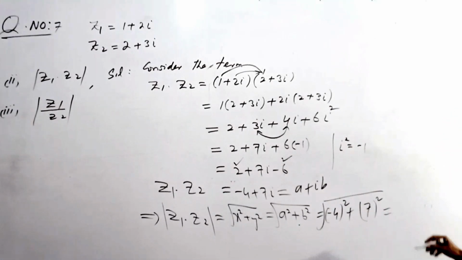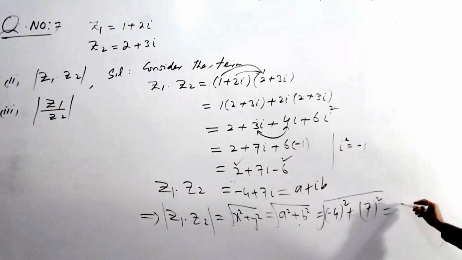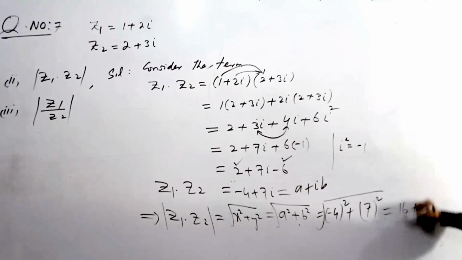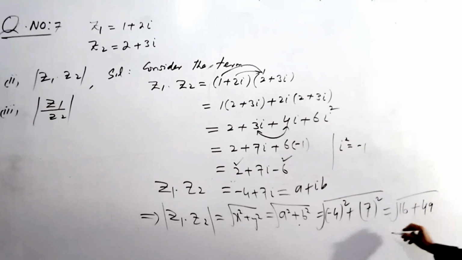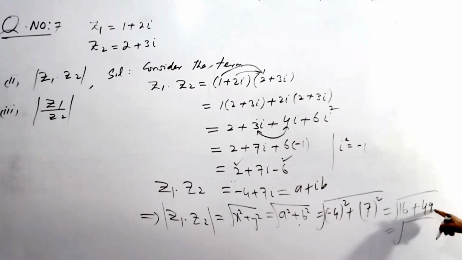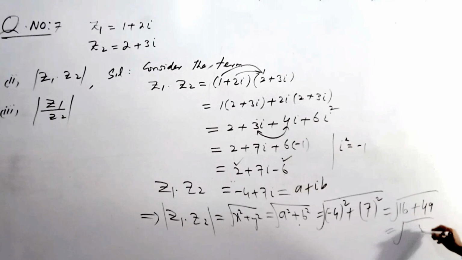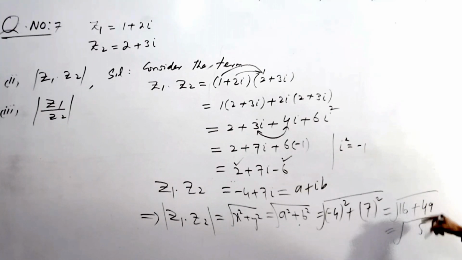So minus 4 squared is an even number, we get 16 plus 49. If we add this, 6 plus 9 is 15, 15 plus 1 is 5 and 6, 65 is the answer.